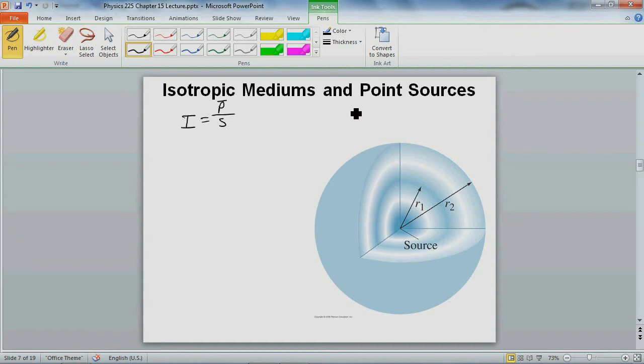And for a sphere, you can look this up in your book, surface area is 4 pi r squared. So we just substitute that into our equation.